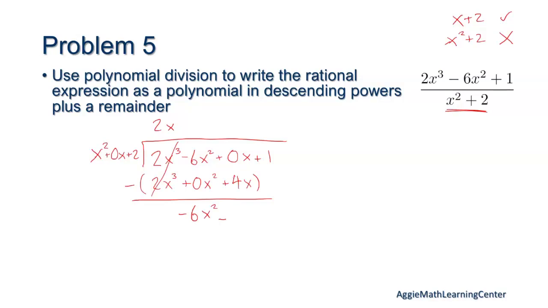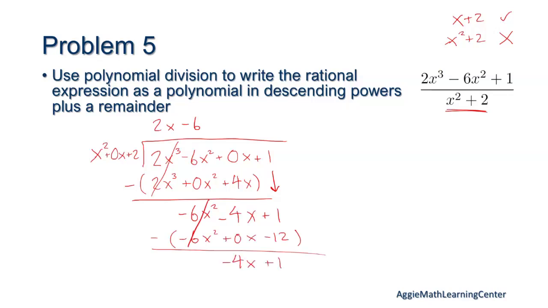And this one becomes minus 4x, because of the negative. And then bring the 1 down. You've got minus 6, and multiply that out: minus 6x squared plus 0x minus 12. And multiply out by negative again. That cancels out. Negative 4x.